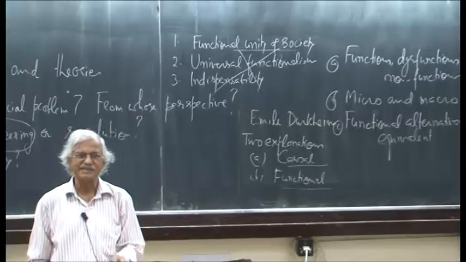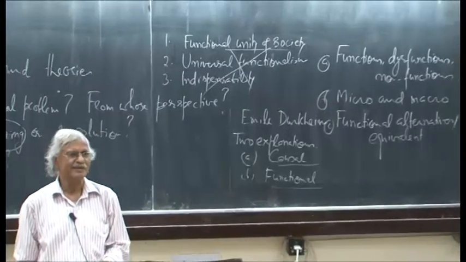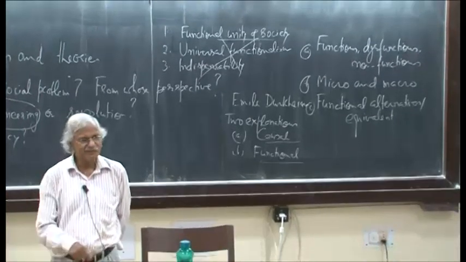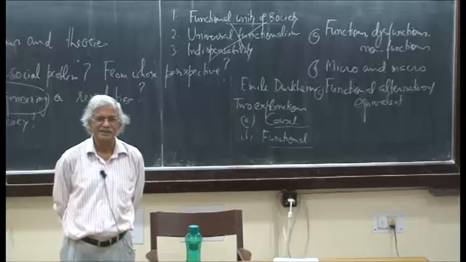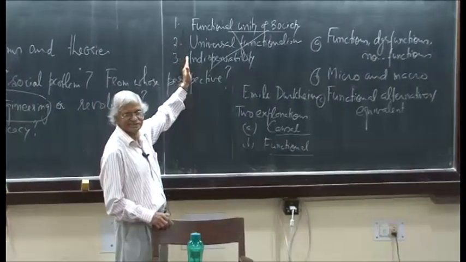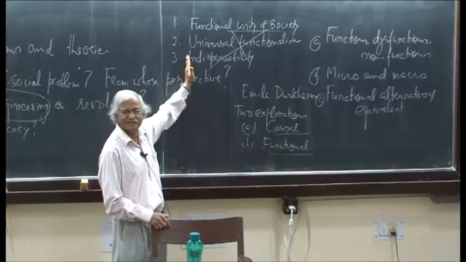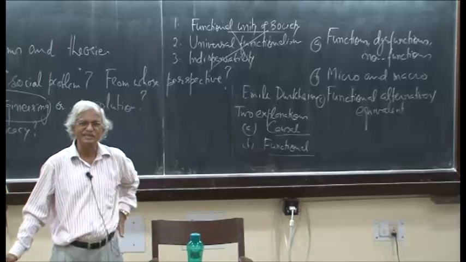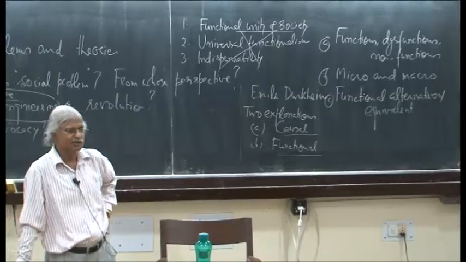Merton is saying that if you read carefully the works of sociologists who have worked in the framework of functionalism, then it appears that all of them tend to believe in these three things. This is not Merton's contribution. Merton only suggests that functionalists seem to believe in these three postulates.